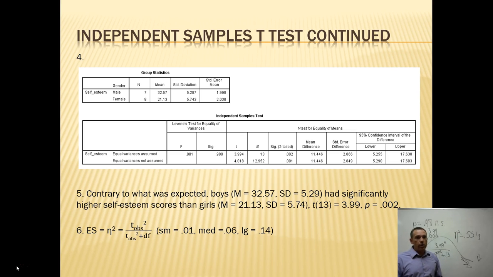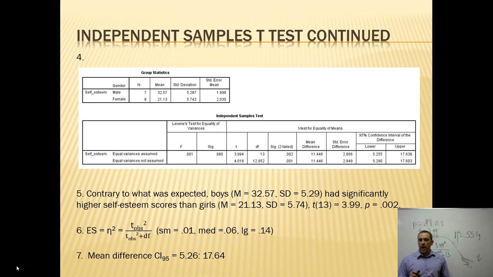The last thing we want to do then, step 7, is calculate our confidence intervals. But again, fortunately for us, SPSS does this. All we've got to do is find those values, and again, it's located in the right-hand column of the output of the second box.